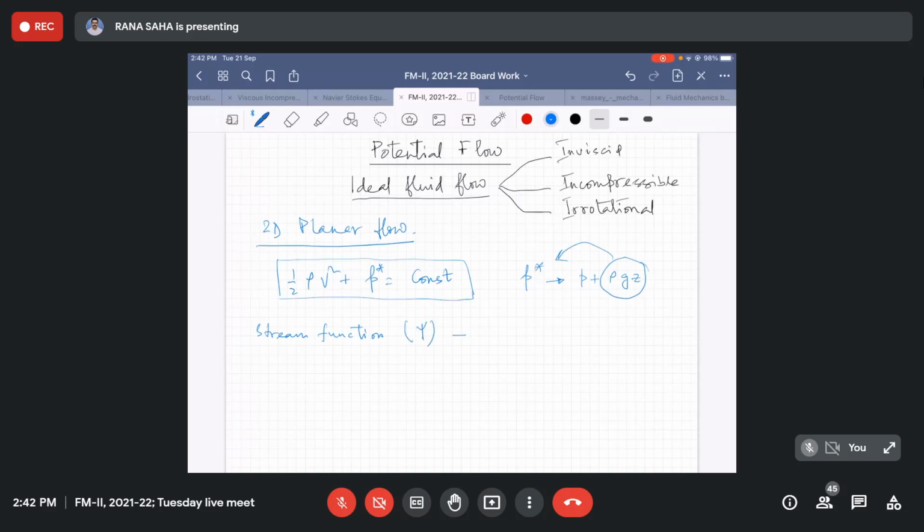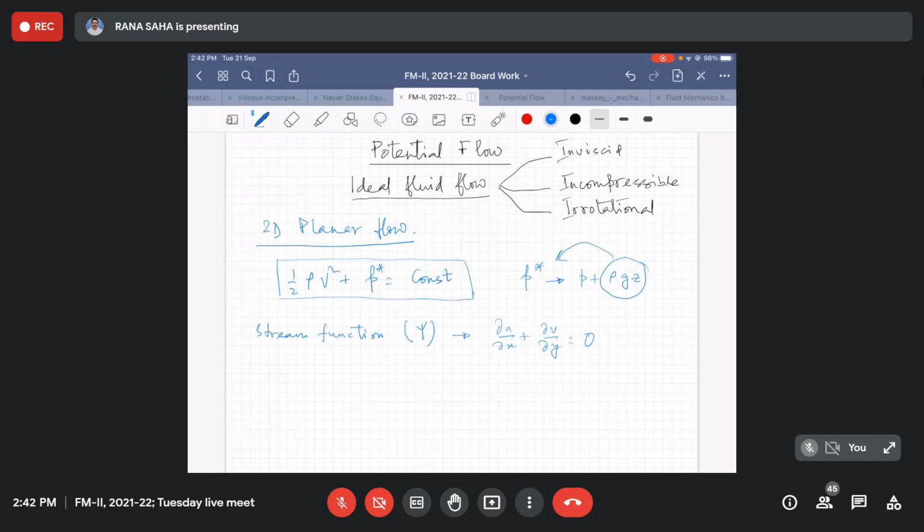The very definition comes from satisfying the incompressible flow continuity equation, of course, that is del u del x plus del v del y is equal to 0. So you need to satisfy this.